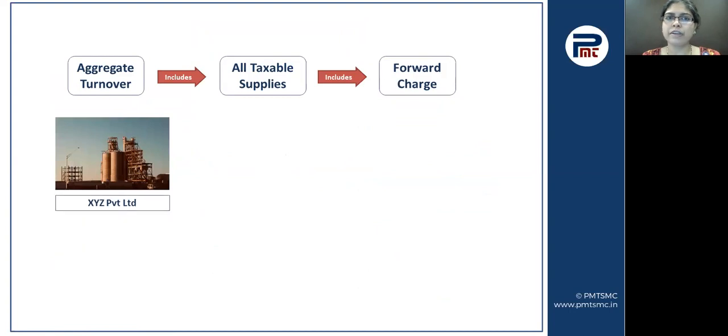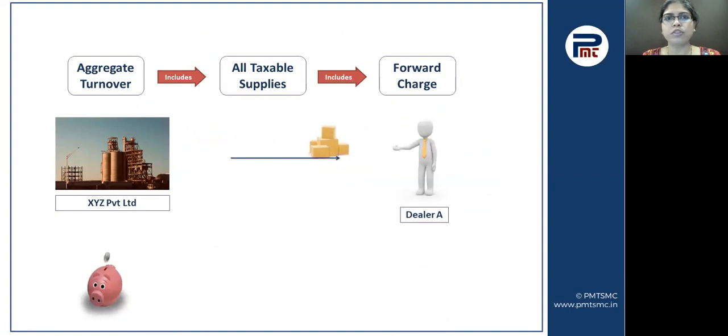There is XYZ Limited, a manufacturing company, and a dealer A. XYZ Limited sells goods to dealer A and raises invoice along with the GST. The dealer A pays consideration to XYZ Limited along with GST. Now XYZ Limited is liable to deposit the GST collected from dealer A for supply of such goods to the government. This is the example of the forward charge.